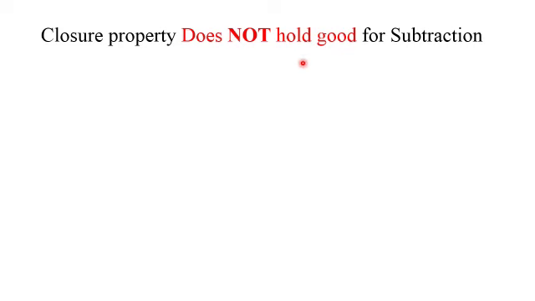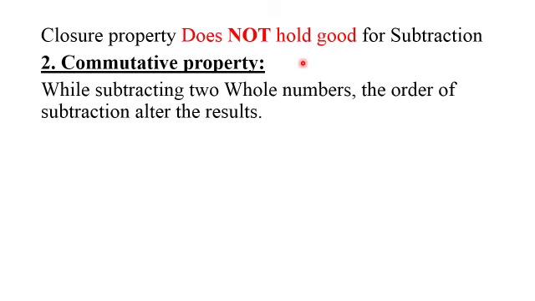Now let us check the second property, that is the commutative property. While subtracting two whole numbers, does the order of subtraction alter the result? Let us check with an example. Here we are going to assume A as 6 and B as 2.